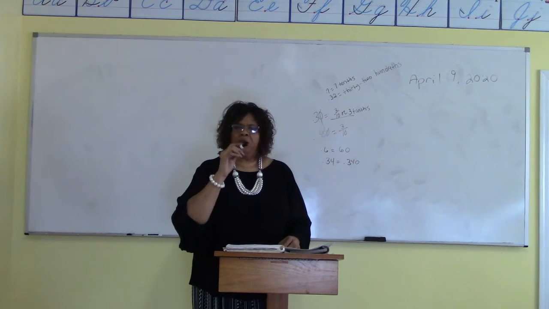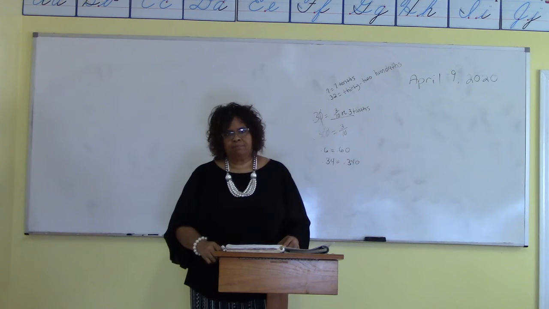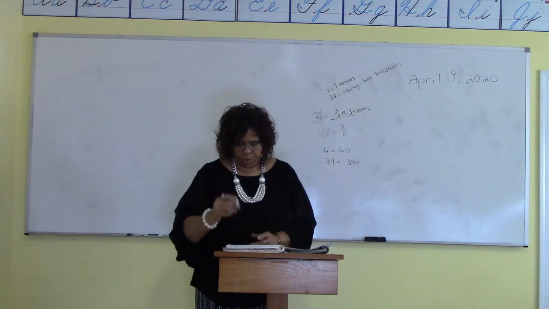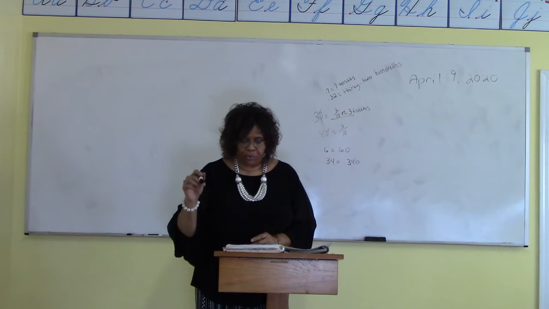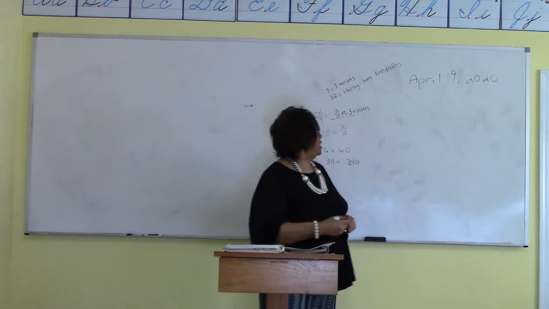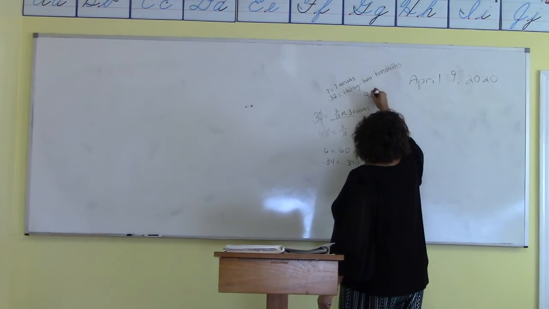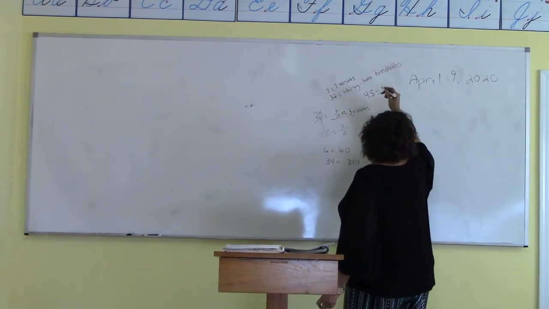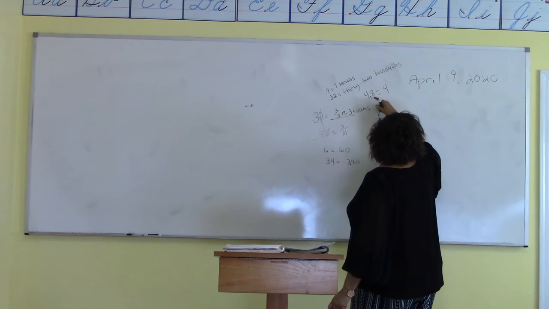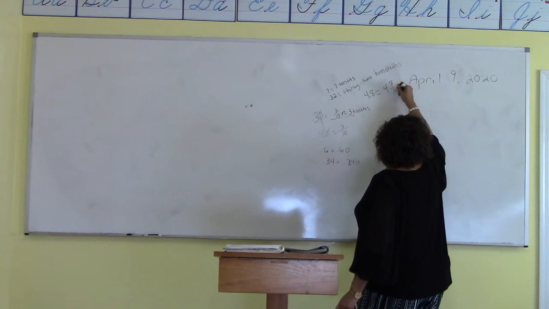And on page 148, write as a decimal or mixed number. If you have 3 over 1,000, you automatically know that would be 0.003. And 4 8/10. Don't let that fool you. If you have 4 8/10, you know this will equal 4, because this is the whole number in the ones, and then 8 over 10.